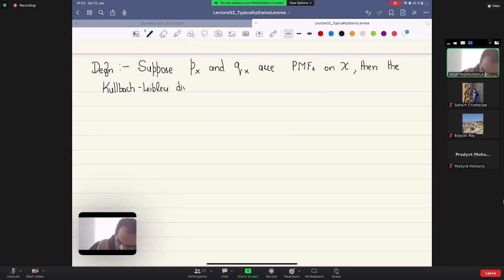Kullback-Leibler divergence, D of P(x) and Q(x), or the relative entropy. I don't know what is the term used in statistics actually. This is used in quantum, so I will just put that also later.